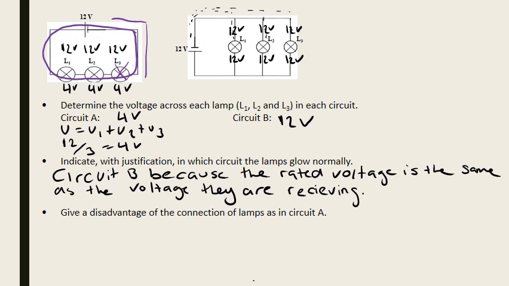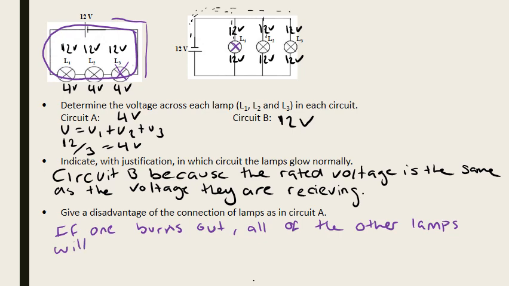However, with parallel, if one turns off, for example L1, L2 and L3 will stay on. So if one burns out, all of the other lamps will turn off because the lamps are connected in series.